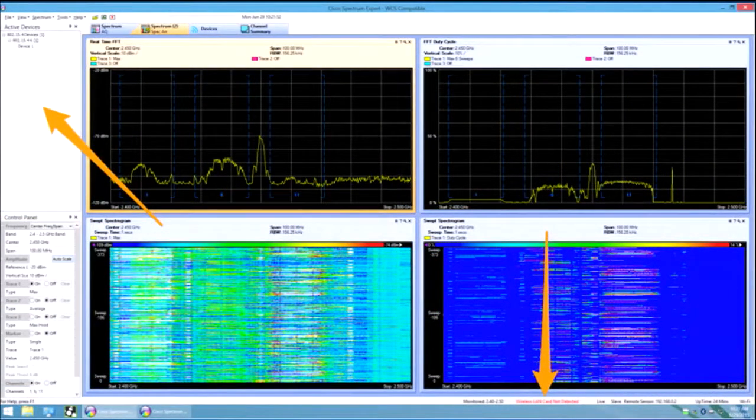So this is not by any means an ideal solution, but it did give me a way to perform spectrum analysis using a Clean Air AP and Spectrum Expert. And you get the advantages of the profiling of the interferers. Now I would like to share with you how I walked around a customer site.